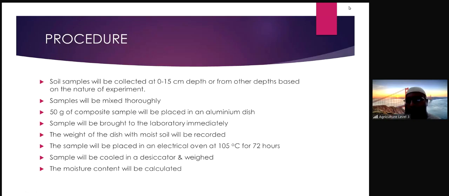Like we are doing a crop, say, performance of wheat under different soil moisture conditions. We want to see the performance of wheat at different moisture conditions. So we are maintaining different levels of moisture in soil, and we are growing wheat in those moisture conditions.